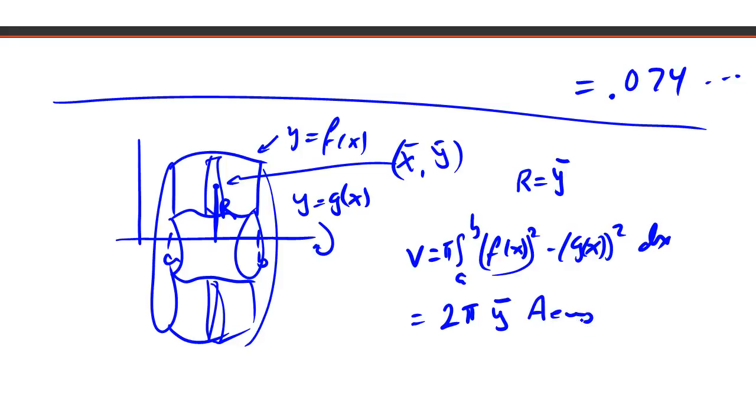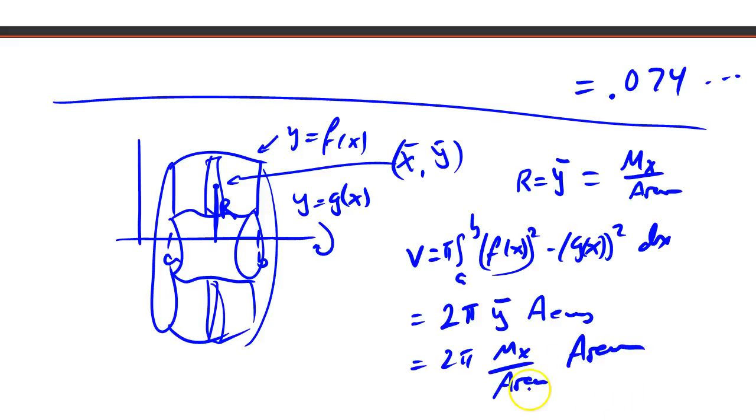Well, y bar, remember, was mx divided by the area. So this is 2 pi mx divided by the area, times the area. So the volume is 2 pi times mx. That's what we noticed.